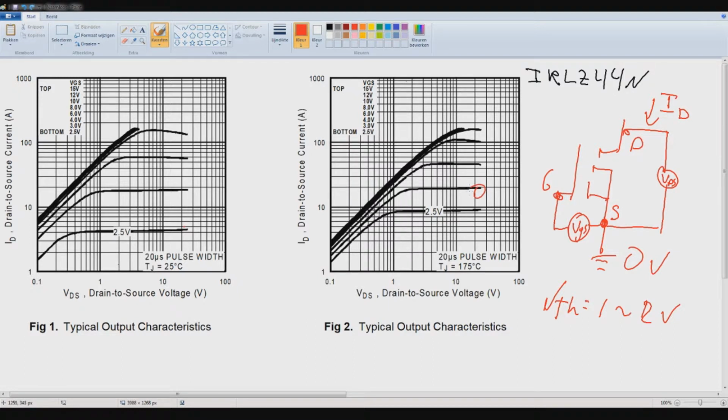This one is almost the same. This one has gone a bit down. It went from, this is 10, 20, 30, 40, almost 50 amps.